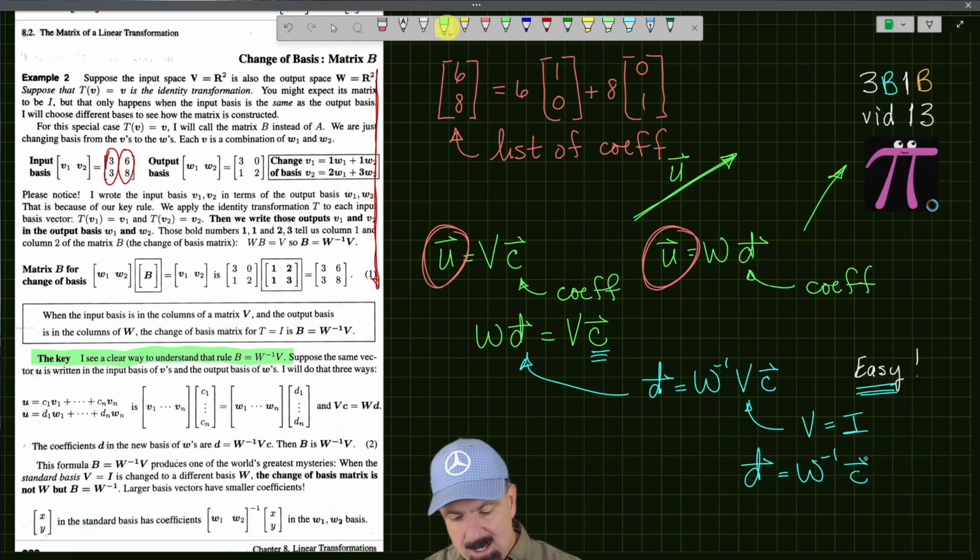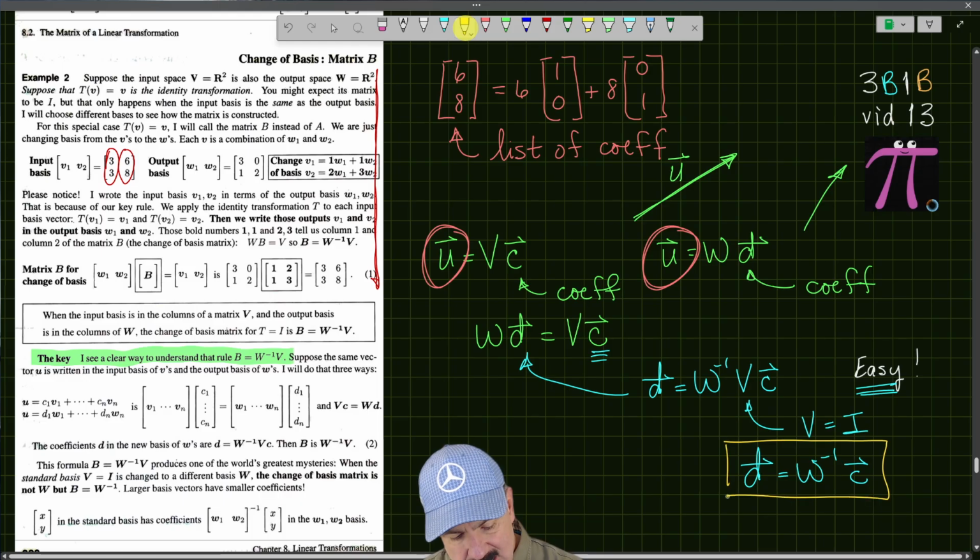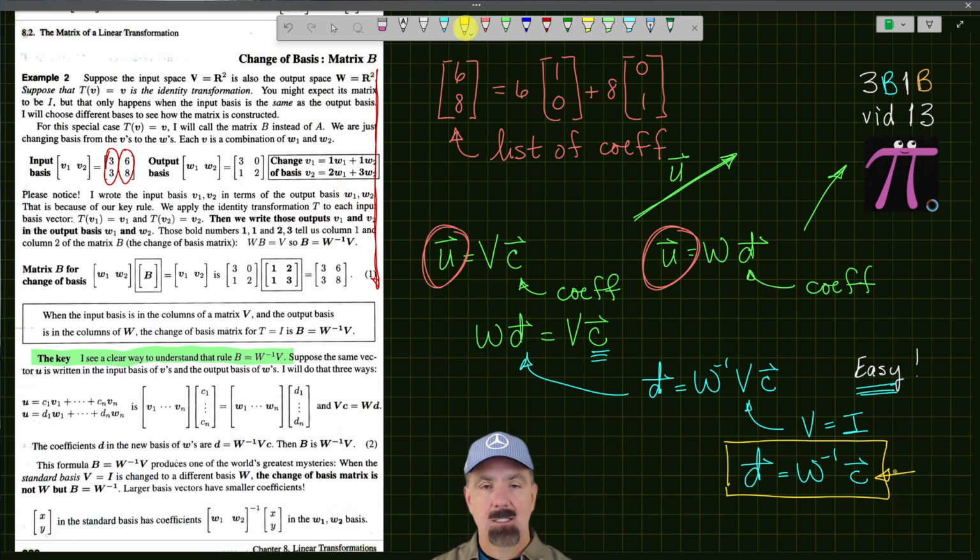And let's be clear about what this says. This says that we're going to take the coefficient vector in the standard basis, we're going to multiply by the inverse of the new basis vectors that have been represented in the standard basis. And what that's going to give us is the coefficient vector for the W basis. This is the whole idea.